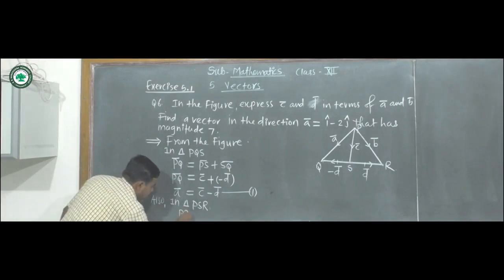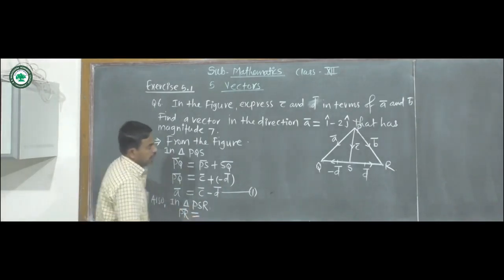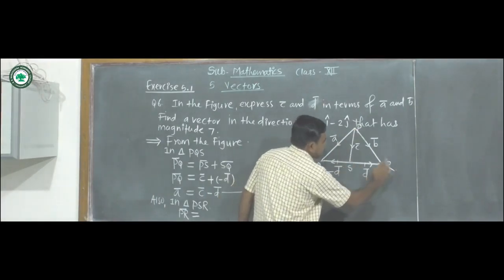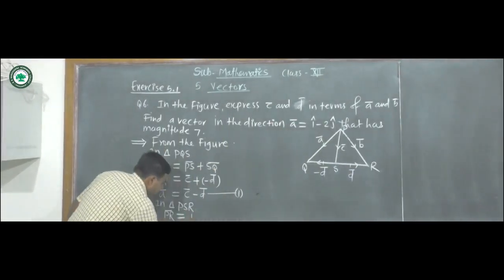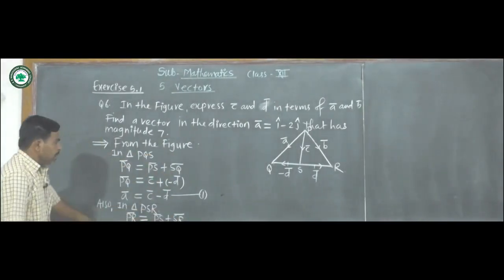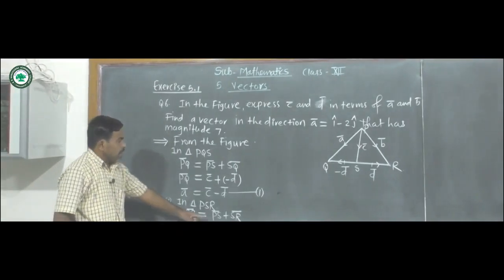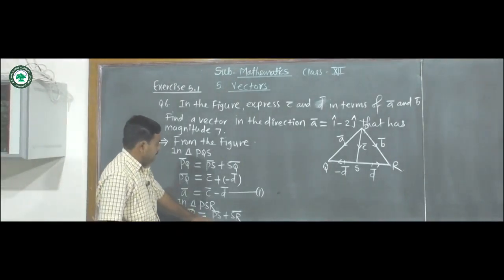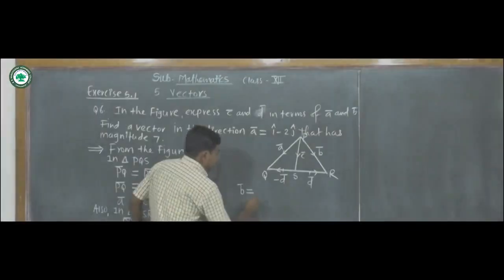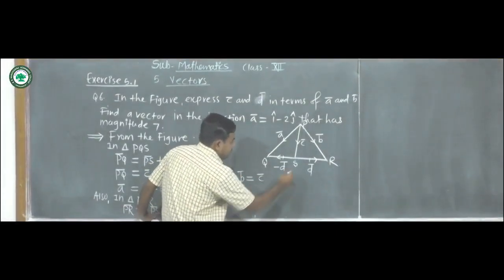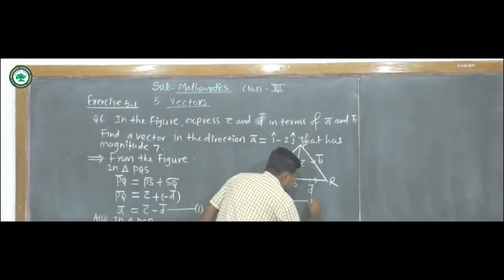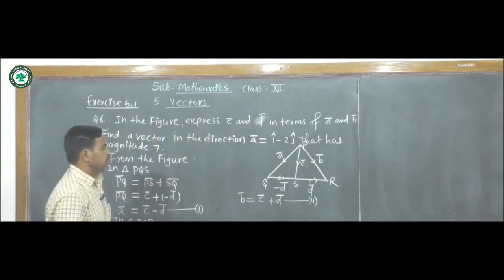PR bar is equal to PS bar plus SR bar. Now from the figure, PR bar is B bar, PS bar is C bar and SR bar is D bar. So B bar is equal to C bar plus D bar. Give this equation number 2.